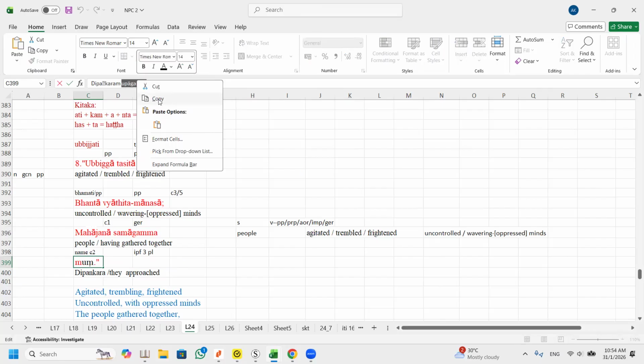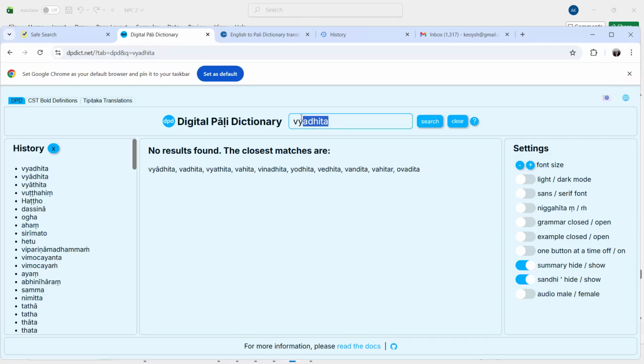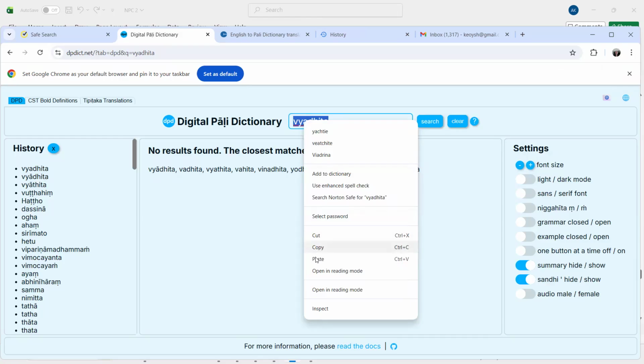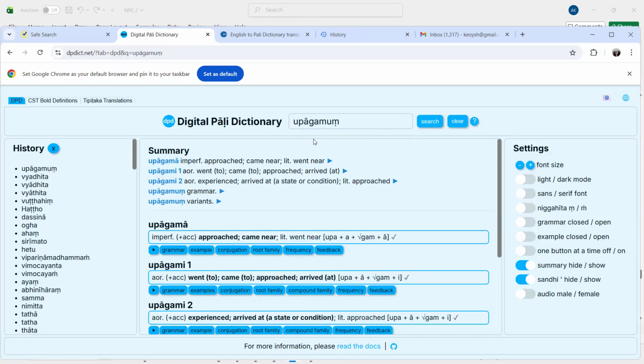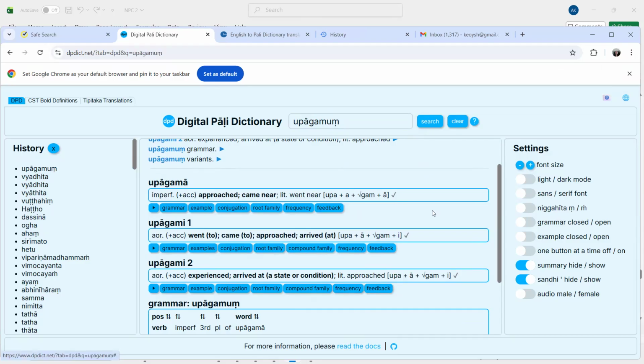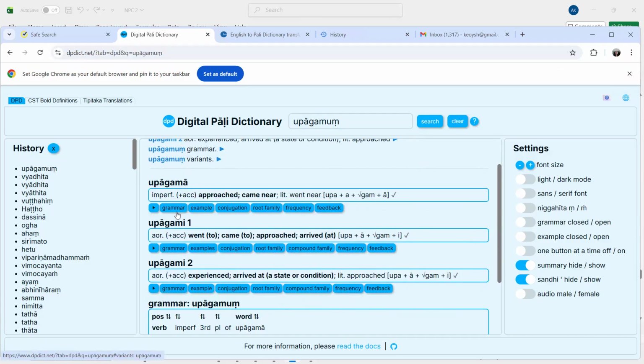Okay, correct. We have to verify first. Sometimes we guess, so what we do is look at it and see how it comes about. You verify this one because this dictionary is really useful. Here it says imperfect, upa plus a plus gam plus a. And then here it says this is AOR. This is the one, but it doesn't matter.